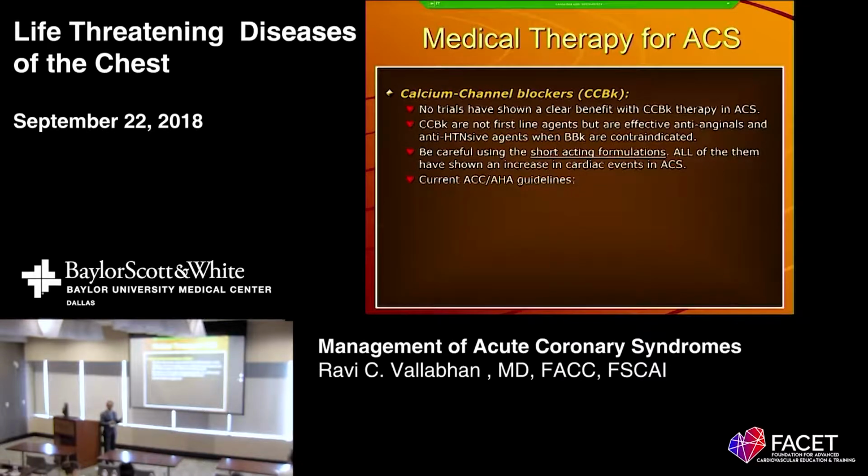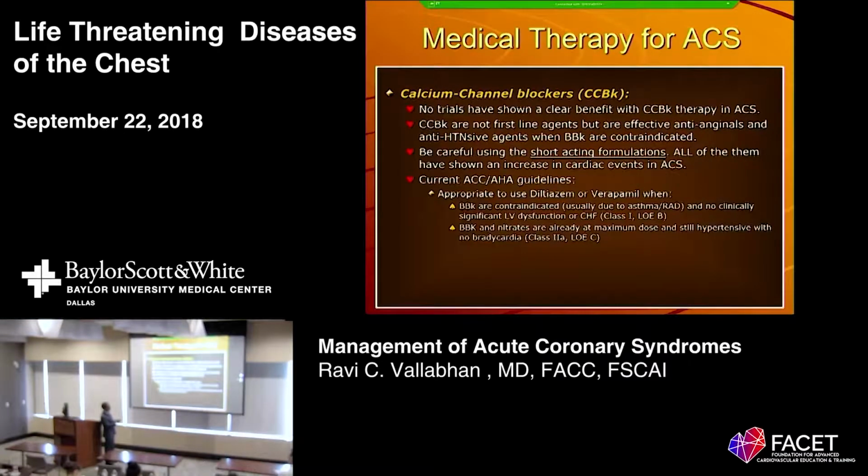The one place you've got to be careful with calcium channel blockers is if you know that their EF is low. The problem is that every calcium channel blocker that has been looked at in patients with low EFs has done poorly in the long term. Sometimes you have to use it because you don't have another drug to use. But you just want to remember that's the patient in whom you really don't use it.